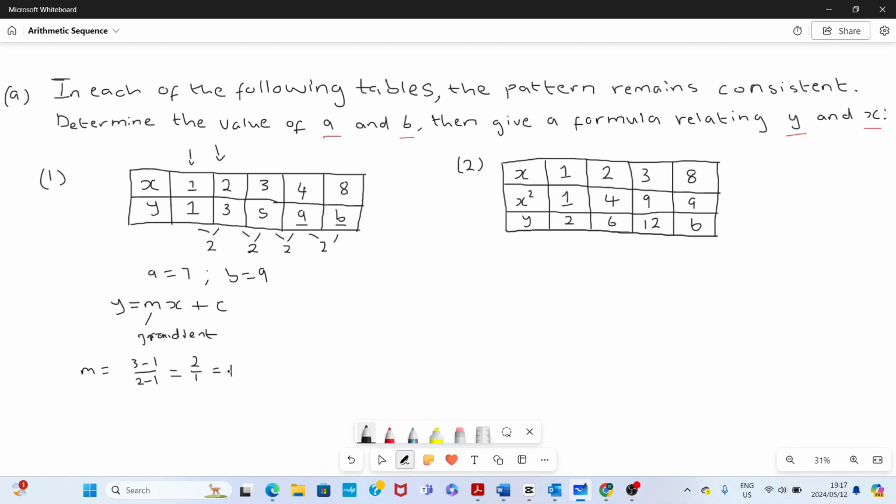If there's someone who's not following, basically what we are doing here is we are saying this here is equal to change in y over change in x. So this is 2 here. Sorry, this is 2 here.